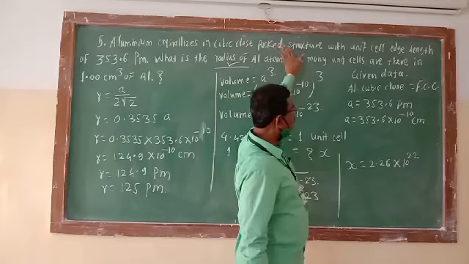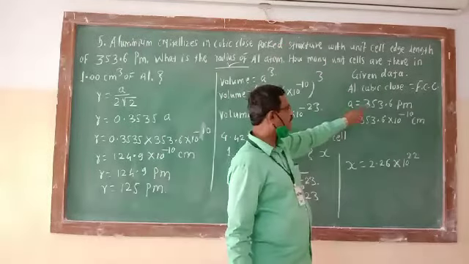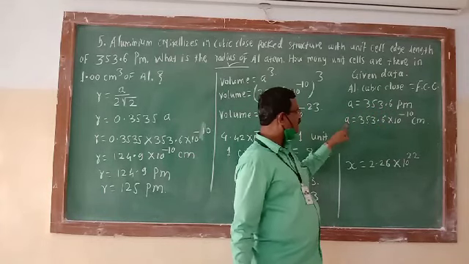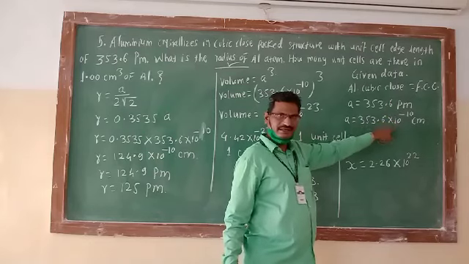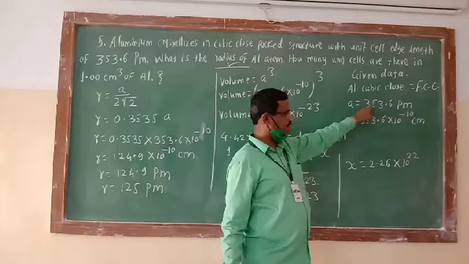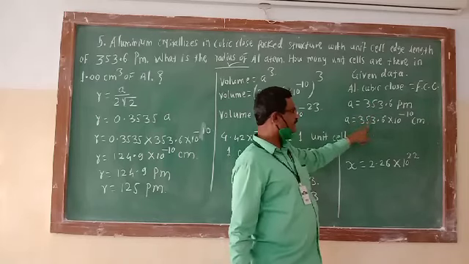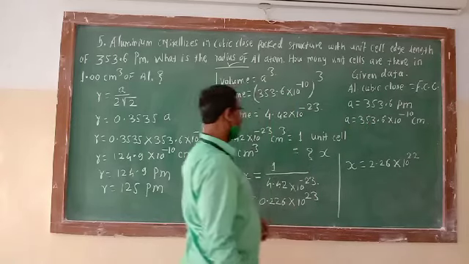The edge length of such FCC structure is given as 353.6 picometer. That is nothing but 353.6 into 10 raised to minus 10 centimeter, since picometer into centimeter is multiplied by 10 raised to minus 10.